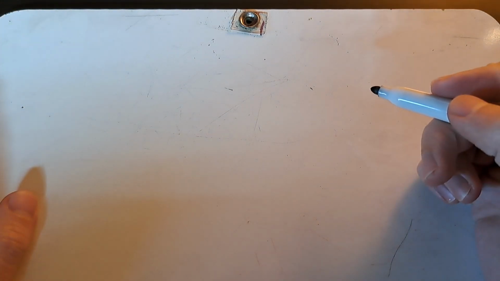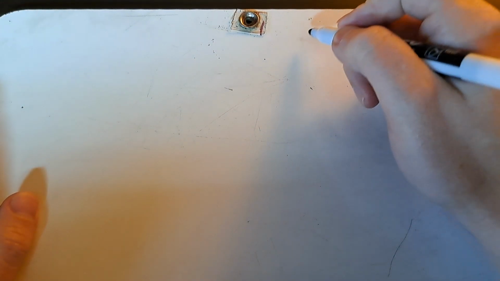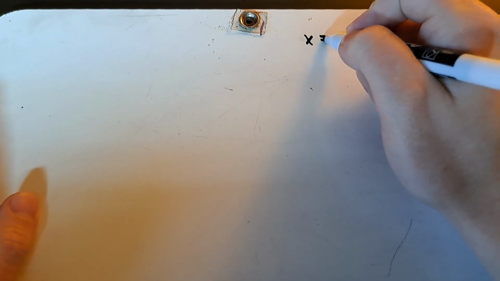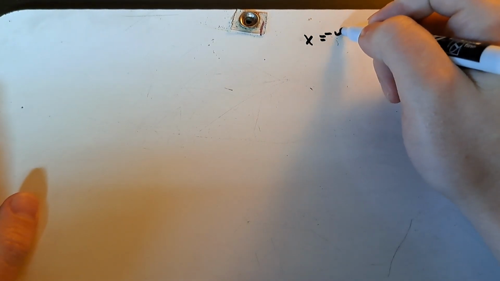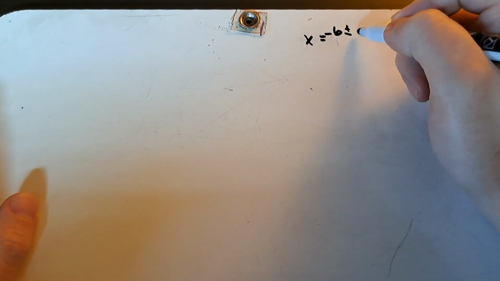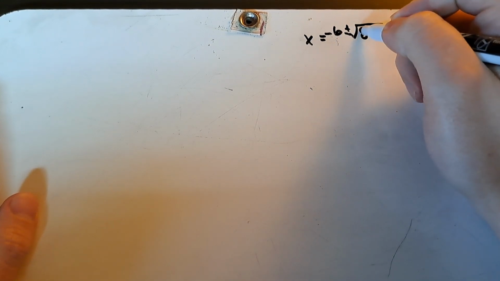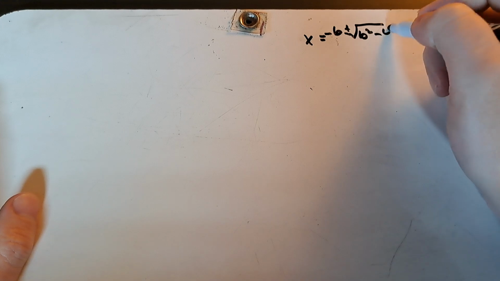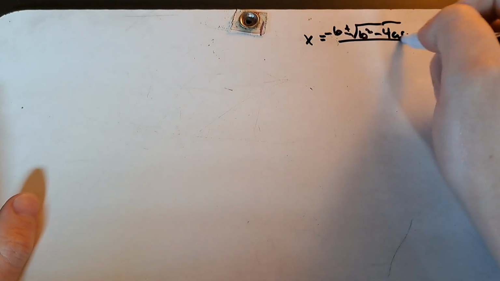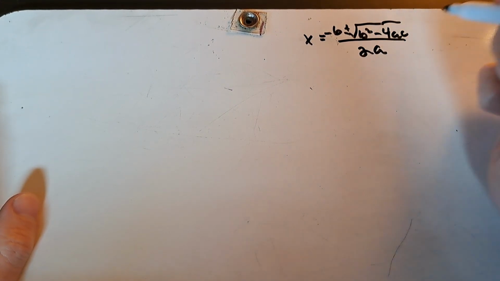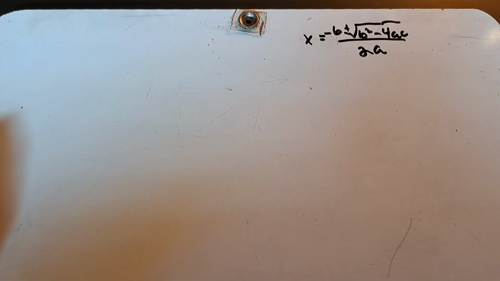And when we think of the quadratic formula, what we're usually thinking about is the formula x equals negative b plus or minus the square root of b squared minus 4ac, all over 2a. And what that does is help us find the x-intercepts.